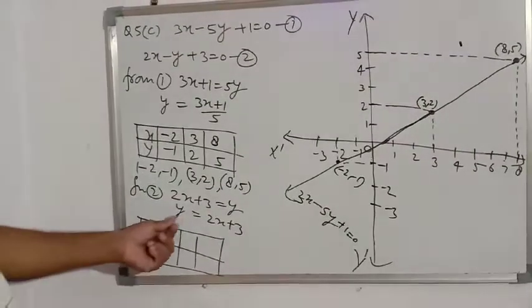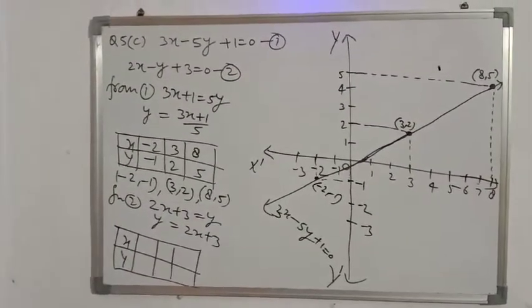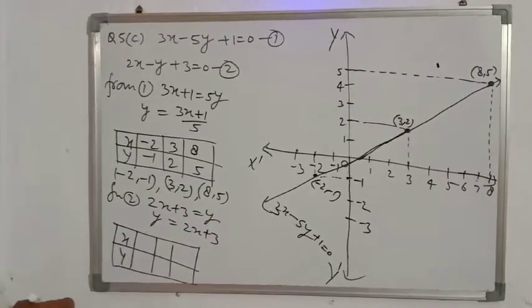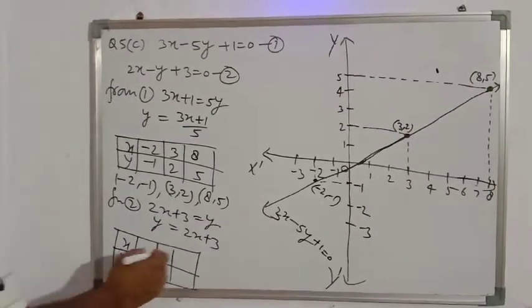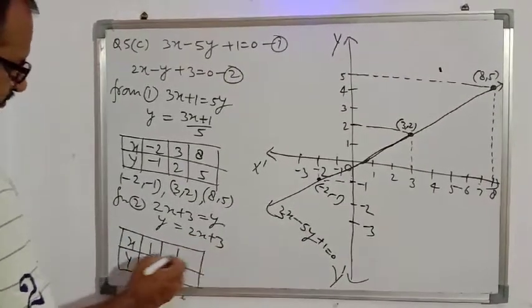We will take 3 values of x to find the corresponding 3 values of y. If x is 1, 2 into 1, 2 plus 3, 5.